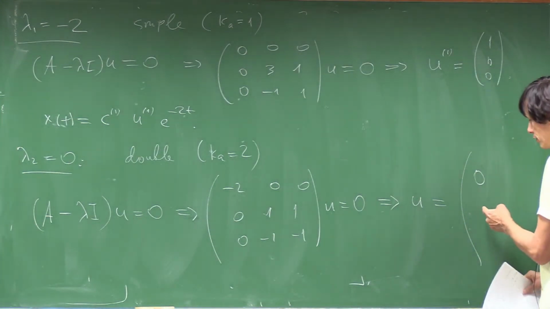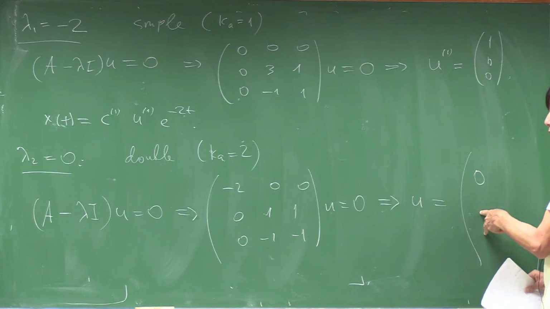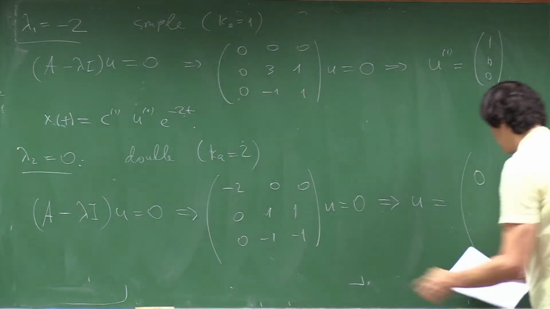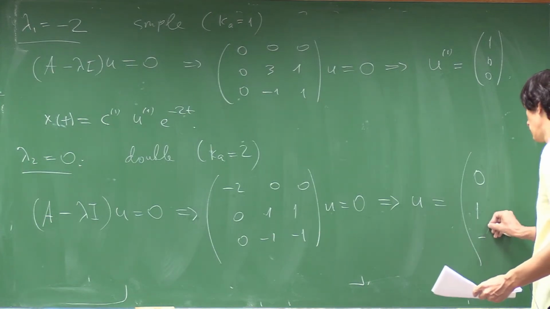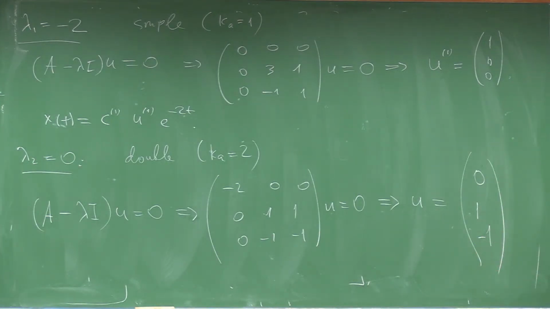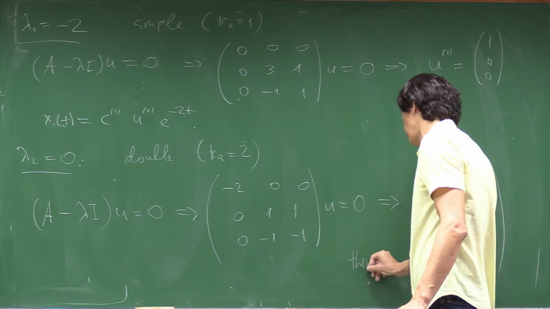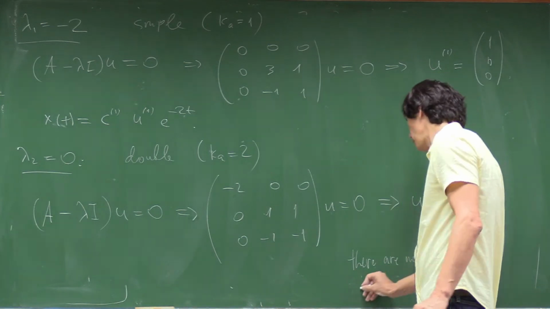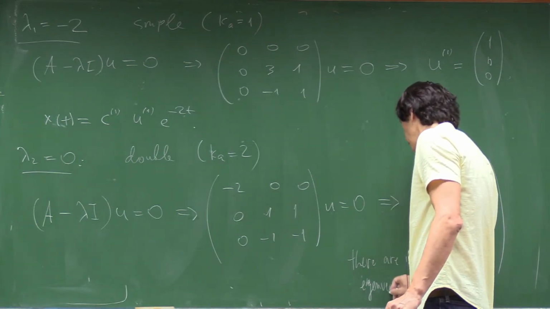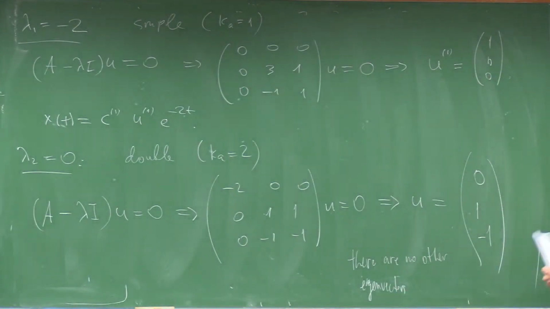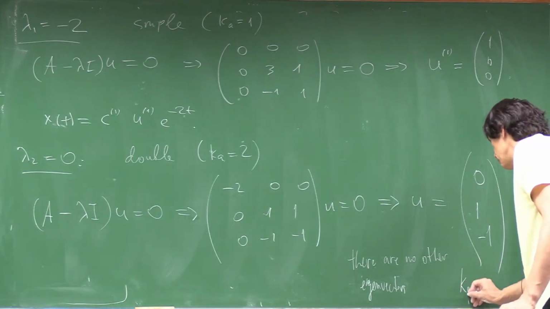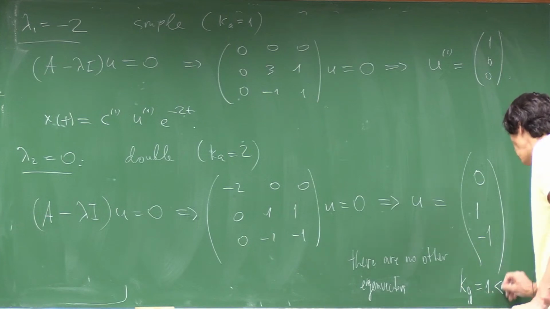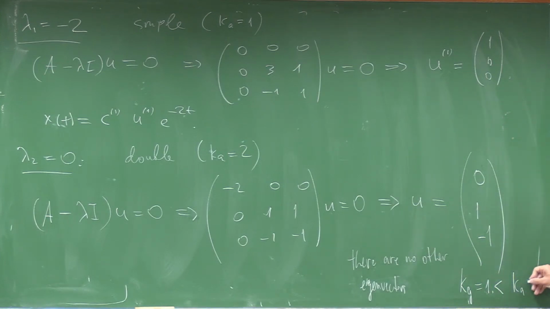And then the sum of the two components should be 0, because it's 1, 1, minus 1, minus 1. So this is a possible solution, and you can check that it's the only vector. There are no other eigenvectors. Whatever vector you obtain from this equation is a multiple of this. So do you see that geometric multiplicity is 1, which is smaller than algebraic, which was 2.